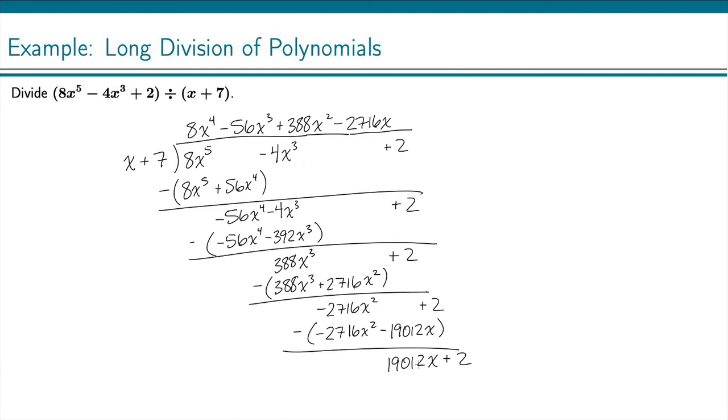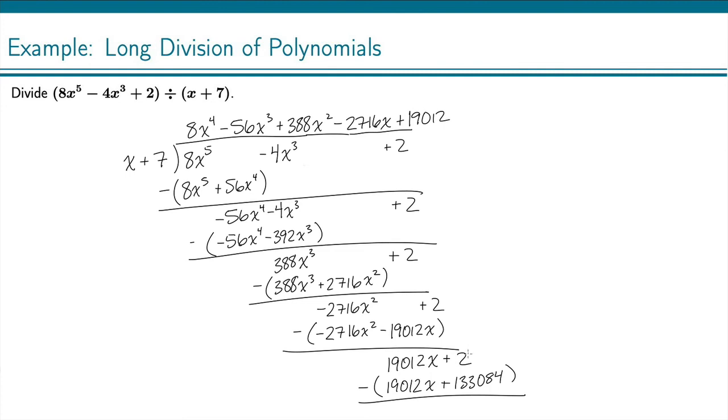We take this and we divide it by x. That just gives us that constant, 19,012. And then we multiply that by this polynomial, and we get 19,012x plus, and multiplying that by 7 gives us 133,084, and we subtract.